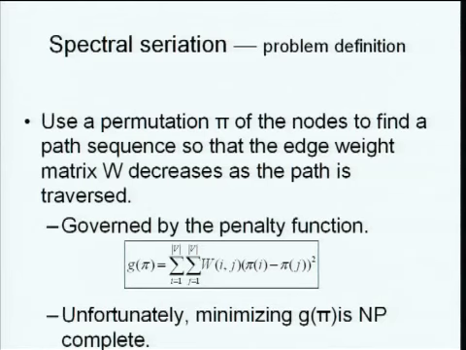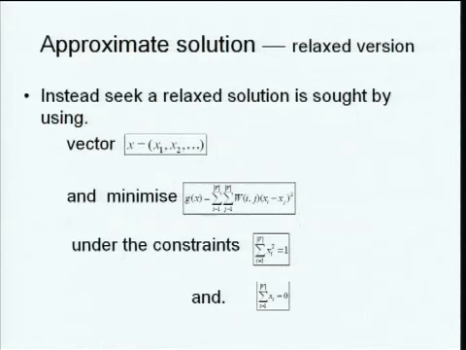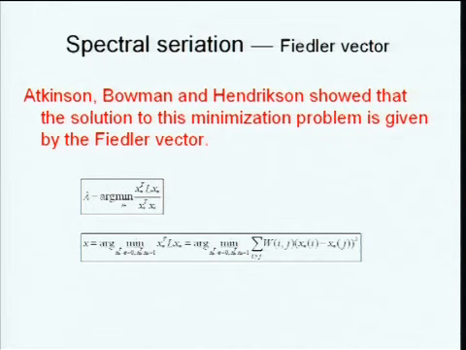And what Henriksen and co-workers have shown is how that problem can be relaxed into an optimization problem involving a continuous indicator variable that represents the permutation, and they've shown that the solution to this minimization problem is in fact determined by a Rayleigh quotient, and the solution is given by the Fiedler vector, or the eigenvector associated with the second smallest eigenvalue of the graph.